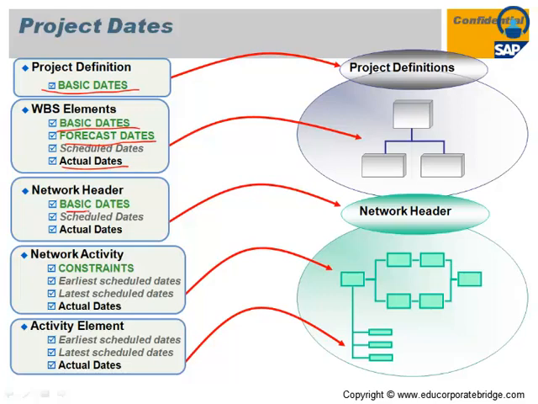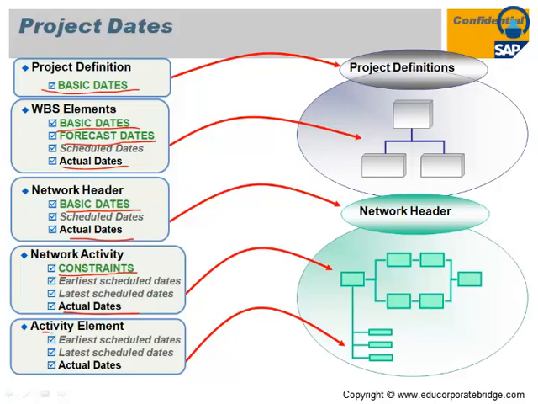In the same way, in the network activity, you can calculate the basic dates and the actual dates. On the network activity, you can also maintain constant dates for that activity, that is, my activity will start on this date only and not on the scheduled dates. Later you can calculate the actual dates against the same.